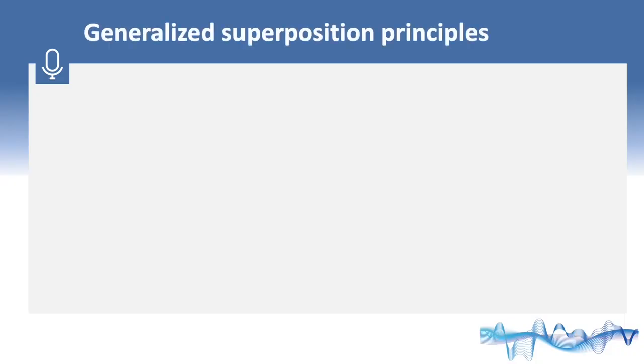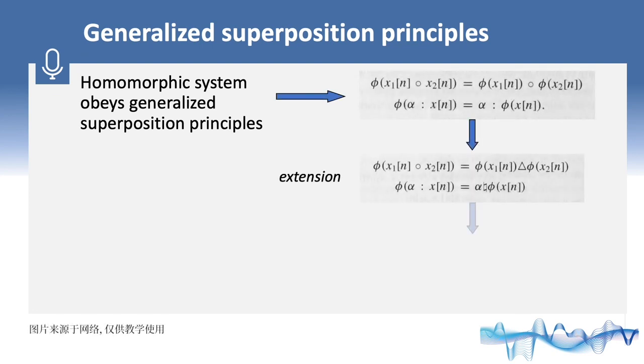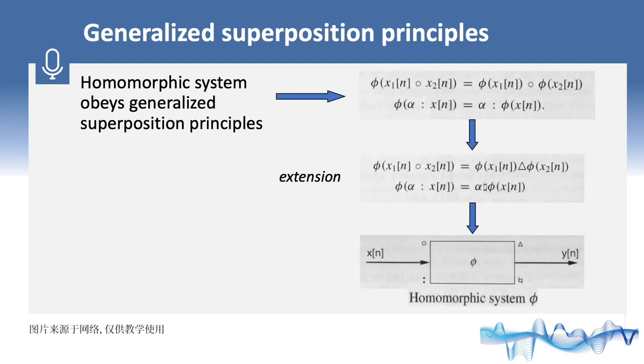Linear systems are defined by the principle of superposition. A homomorphic system is a type of nonlinear filter, which is defined by the generalized superposition principle. The superposition principle is just a special case of the generalized superposition principle.